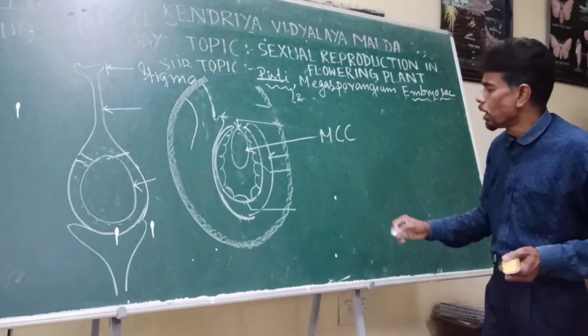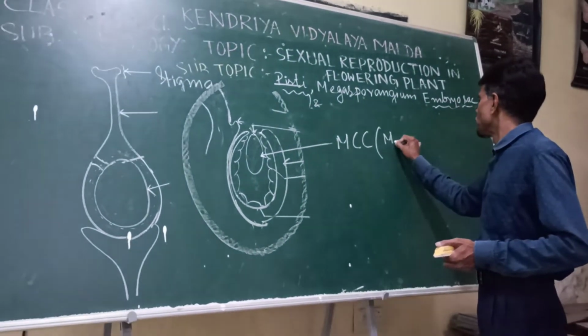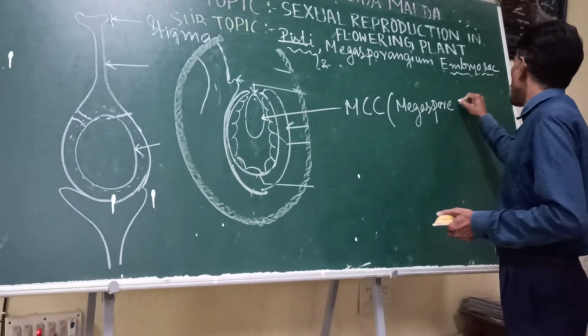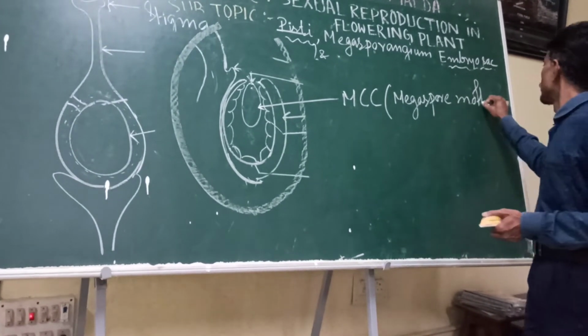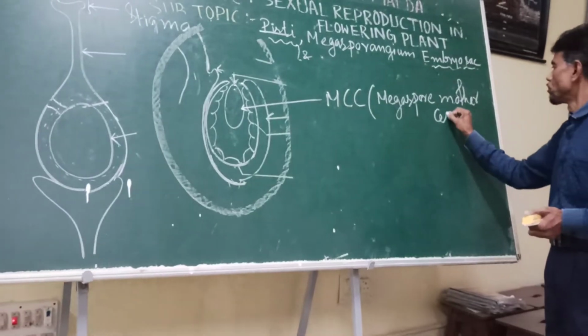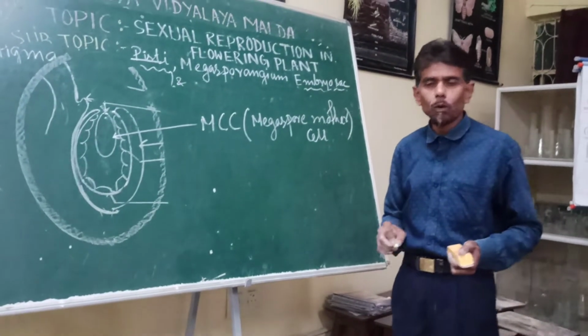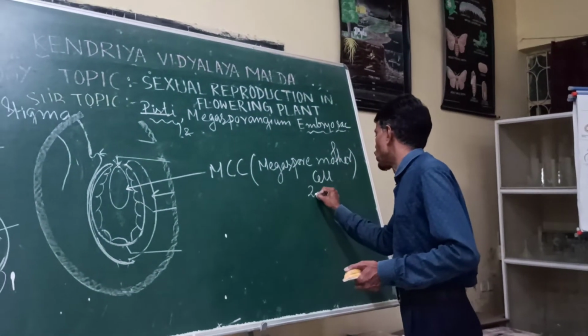MMC. What is it called? Megaspore mother cell. What is the ploidy of this cell, the megaspore mother cell? It is diploid, 2N.